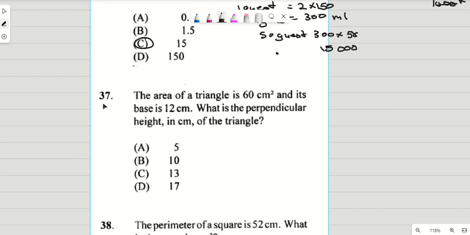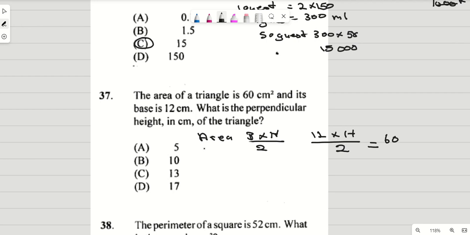The question for number 37: the area of the triangle is 60. Its base is 12. What is the perpendicular height? First off, when you see perpendicular height and base, think about area. Area is base by height all divided by 2. My base already is 12. My height, I don't know what it is, divided by 2 is equal to 60.